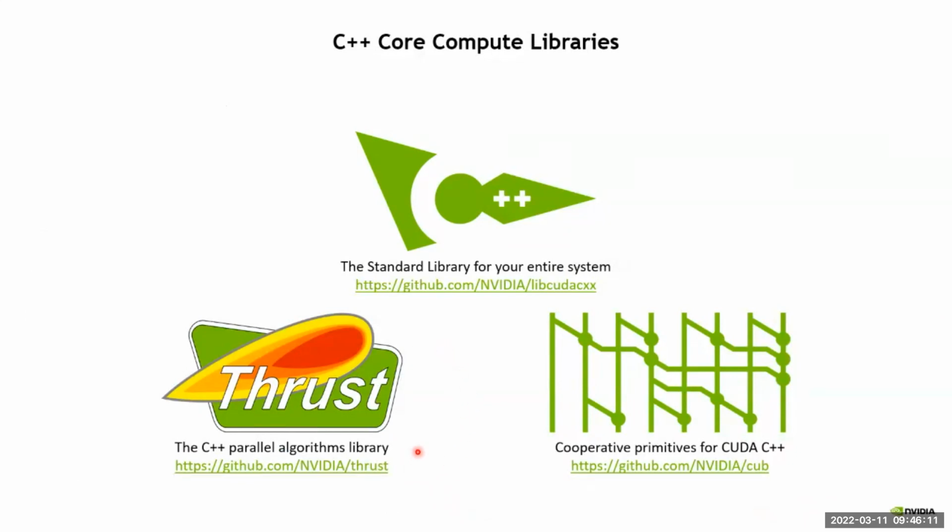And Thrust actually served as a basis for prototyping the support we have now for ISO C++ parallelism. libcu++, or here you can see the GitHub repository, provides support for a subset of the standard library that is able to run on GPUs. And then CUB is a group of cooperative primitives that you could use within your CUDA C++ kernels.